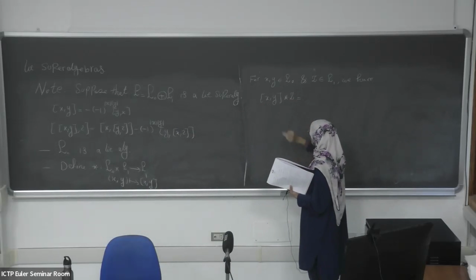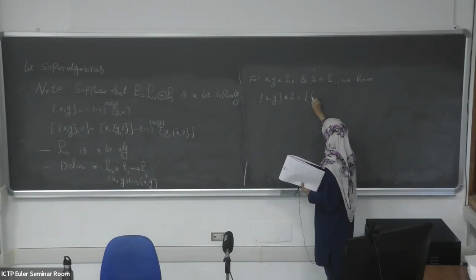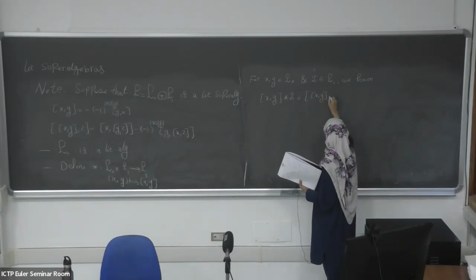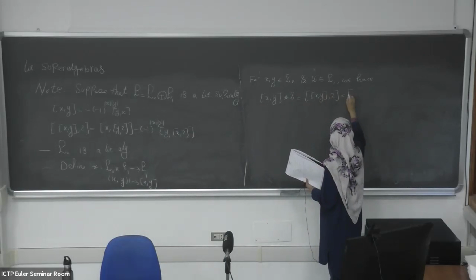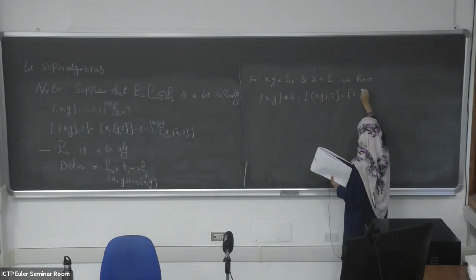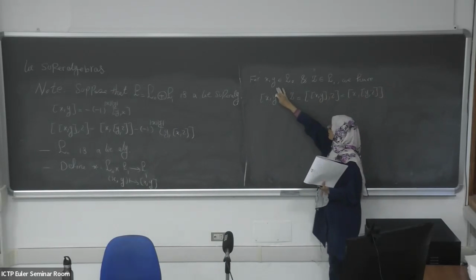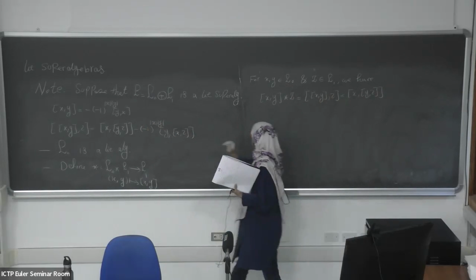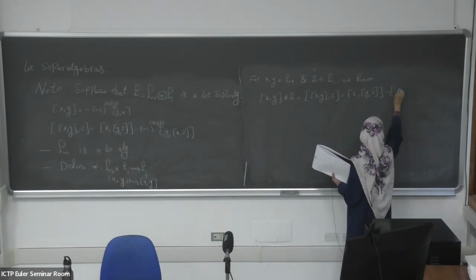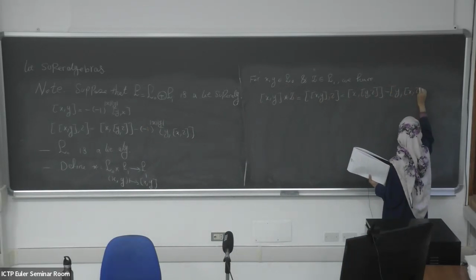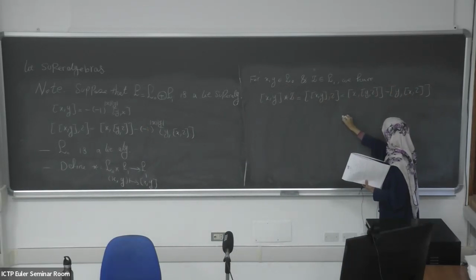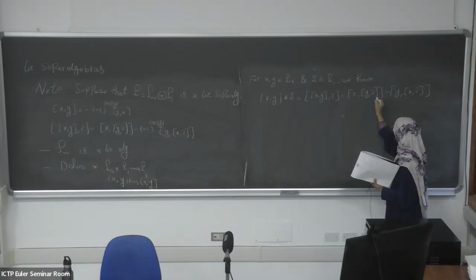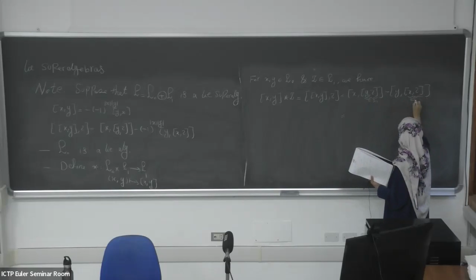Now we look at the bracket of x, y star z. What we have is the bracket of the bracket of x, y with z. As x, y are elements of L0, the sign factor disappears. And this is an element of L1.